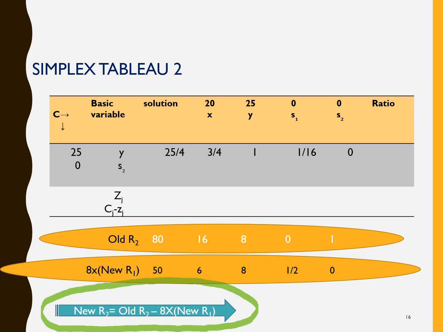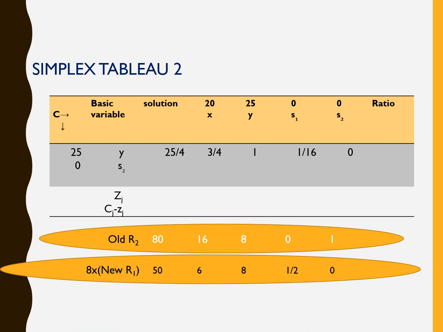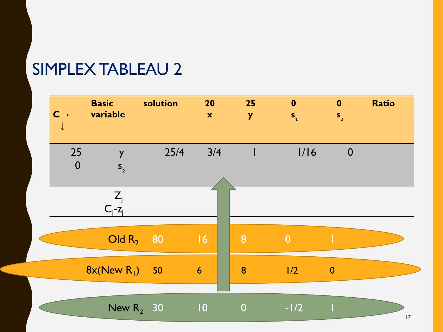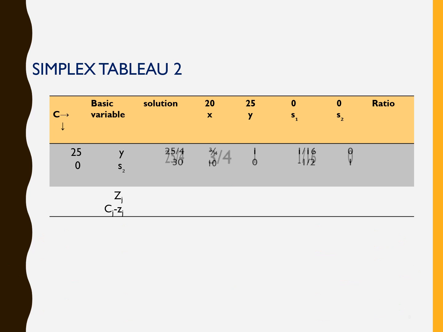New R2 is found like this: old R2 minus 8 into new R1. Since we have these values, you can recheck all of them. That's what comprises our new R2. Let's put all these numbers, 30, 10, 0, minus 1 by 2 and 1, here as R2. So that's how the new table looks.